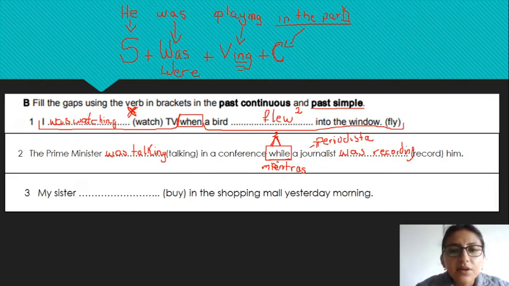Okay? Remember, with the relative clause while, it means that action number 1 and action number 2 were happening at the same moment. Okay? And the third use of past continuous is when you want to talk about an action within a specific time. Okay? For example, in this case, my sister bought in the shopping mall yesterday morning.